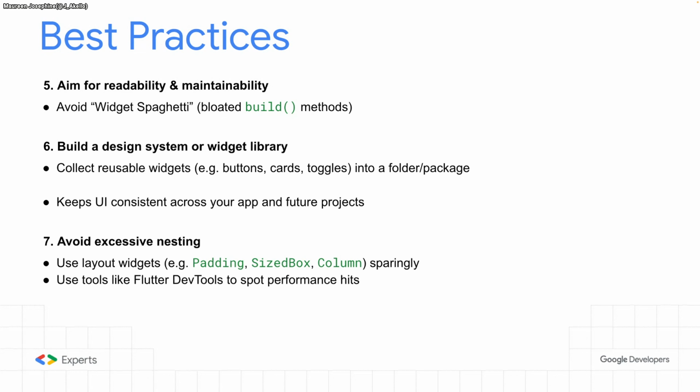And then lastly, maybe use the tools from DevTools if you spot performance hits, especially if you are trying to build a complex UI. And I think with the latest Flutter version from Google I/O 2025, we now have this editor icon on VS Code that you can use to edit this.